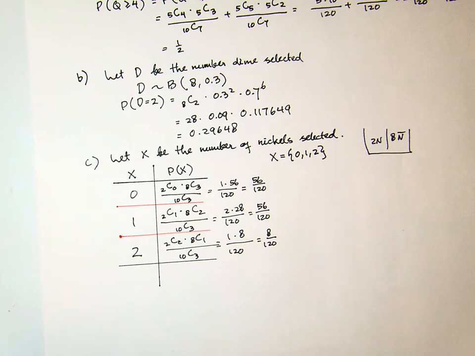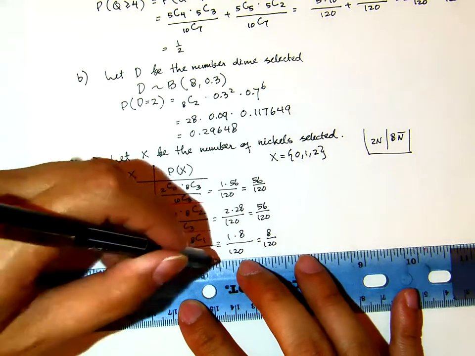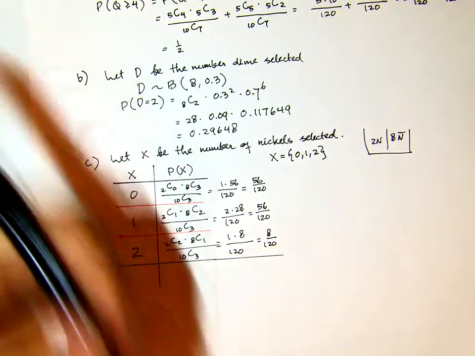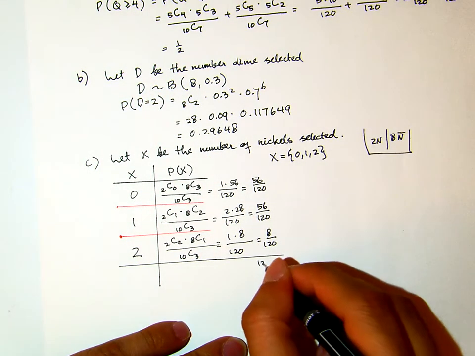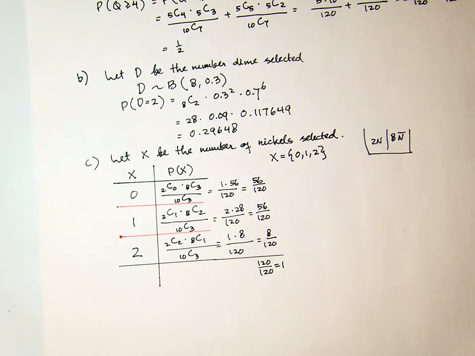Now notice that the total is supposed to be 1, right? When you add them, you will get 120 over 120, which is 1. Now that's the probability distribution. If you can simplify this, it will be nice.